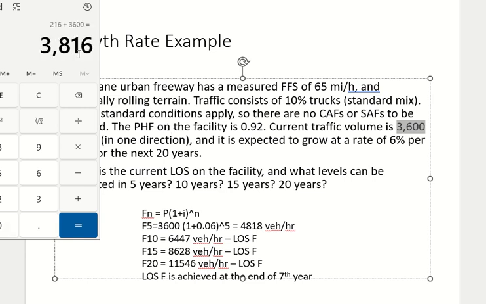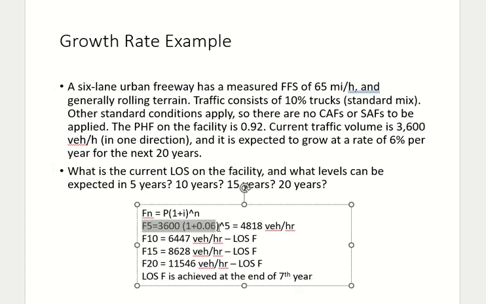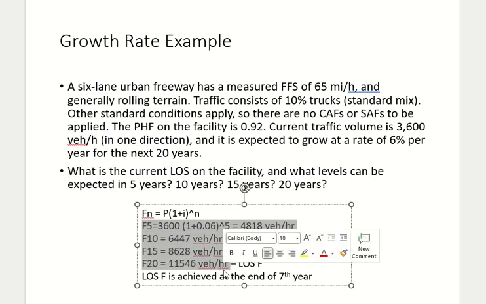At the end of year 1 I will have this much value, and I have to use this value for year 2. I cannot use 3,600. That's why the simple multiplication will not work. So I have used this equation to calculate how much volume I'm going to have after 5, 10, 15 and 20 years.